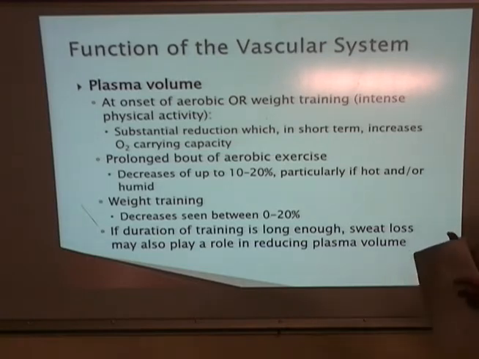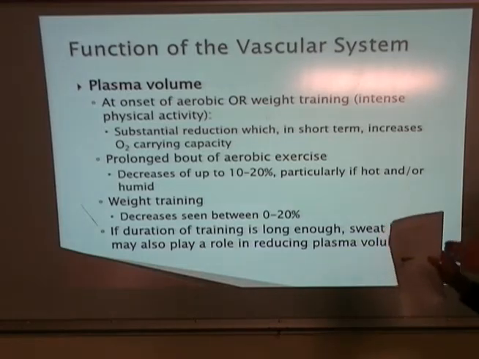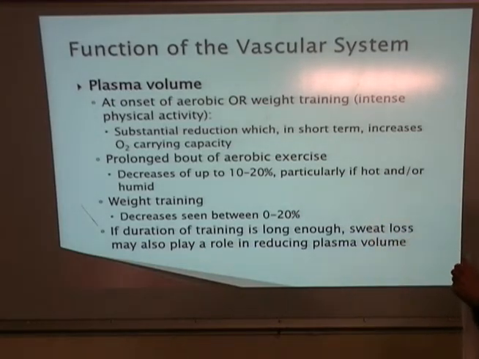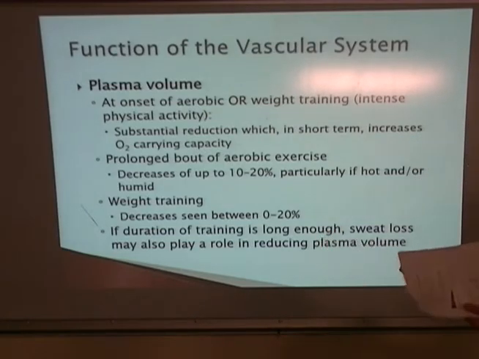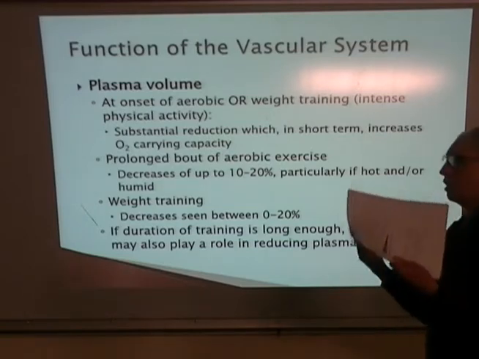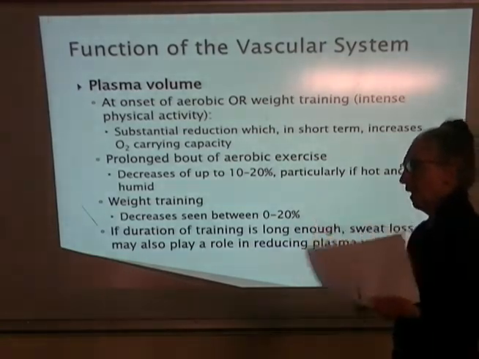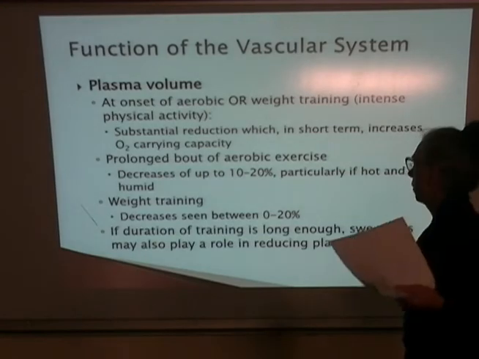So the plasma volume, when we start training, if we do anything that's relatively intense, in an acute situation, so on the day or over a couple of days, we see an increase in plasma volume over time, but on the day, we see a reduction in plasma volume, right? Which sounds odd, right? You would think, why would I get a reduction in plasma volume when I'm out for my 10-mile run, right?